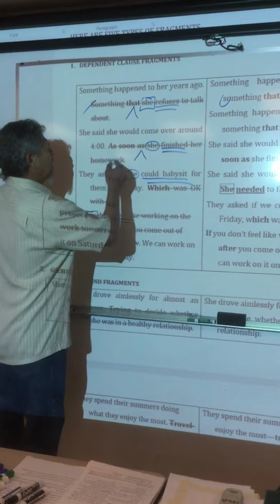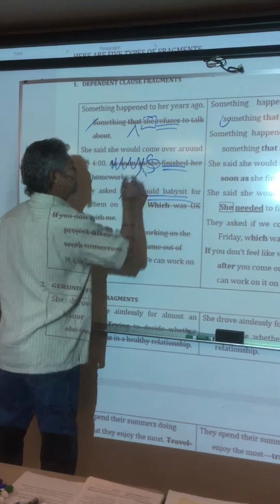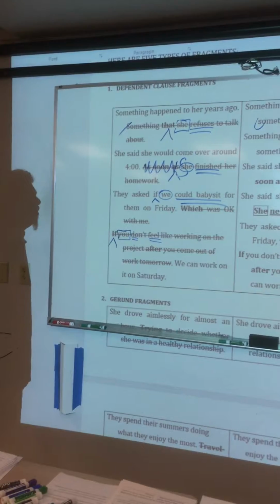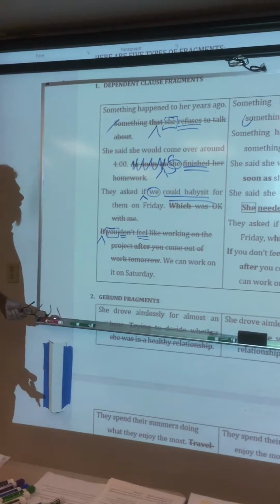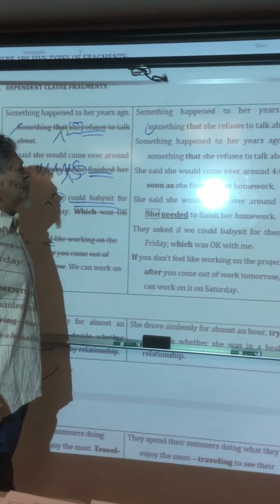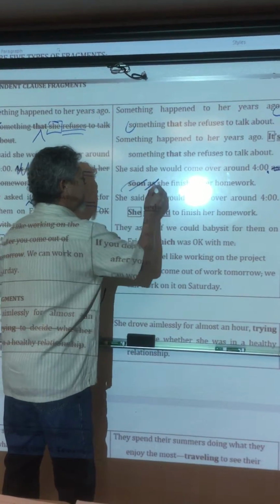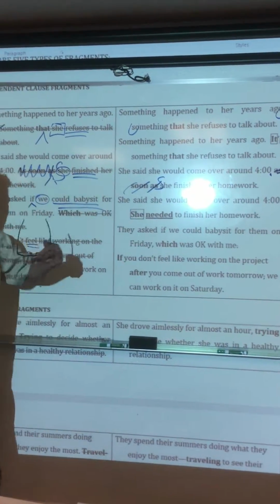I was looking whether I could have taken this off and put a capital letter like this: She finished her homework. But would that work? She said she would come over around 4 p.m. No, it seems unrelated.